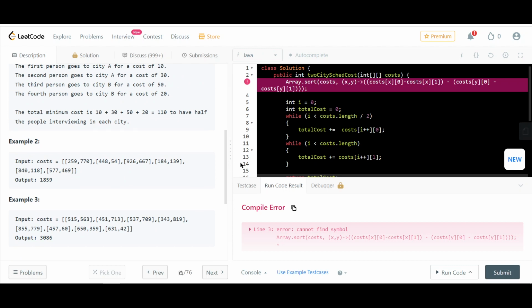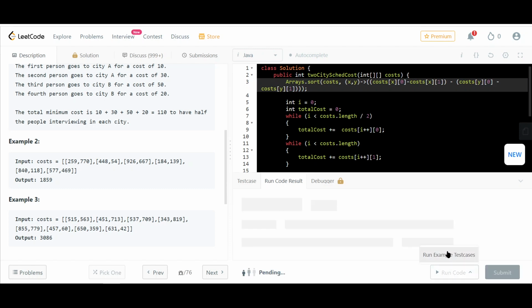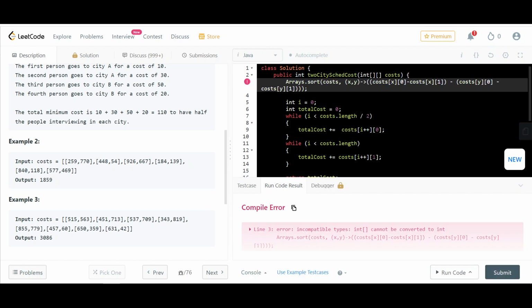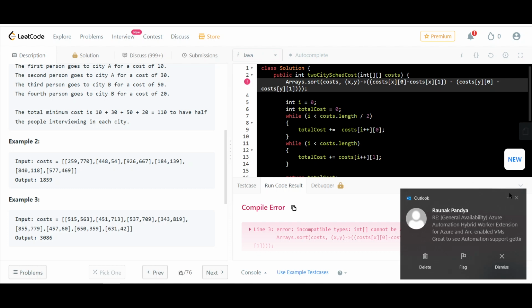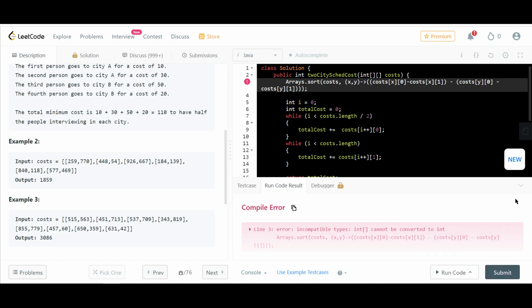Okay, some error. Cannot find symbol Array.sort. Is it Arrays.sort? Incompatible types, int cannot be converted to int. What's the problem?